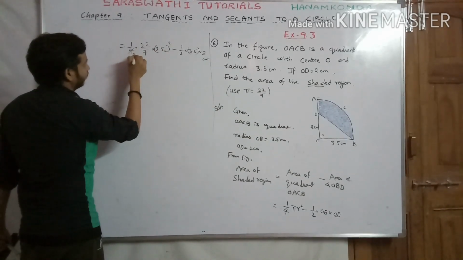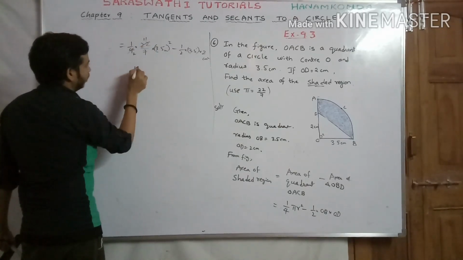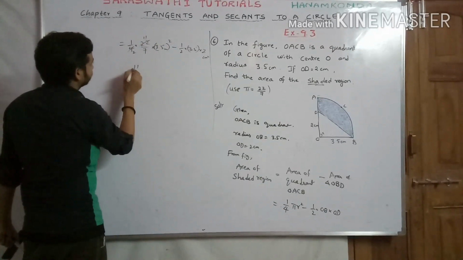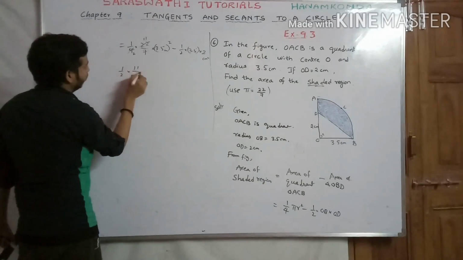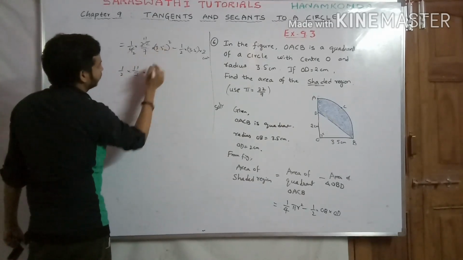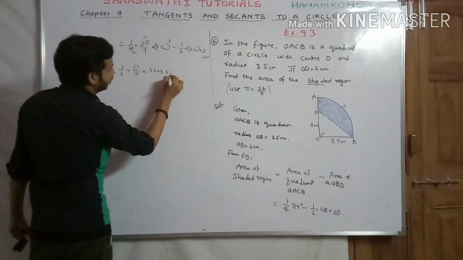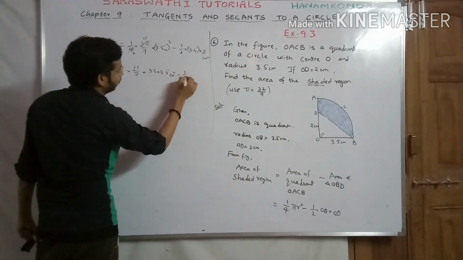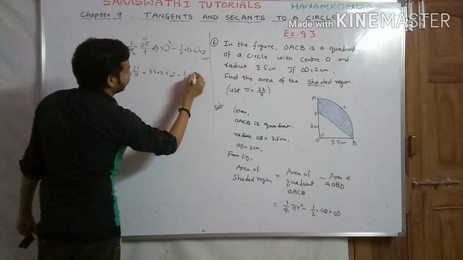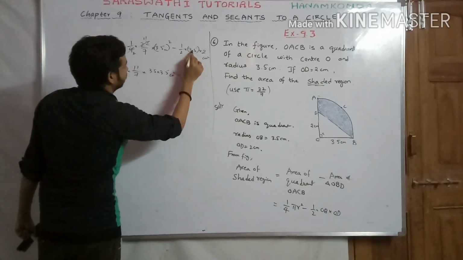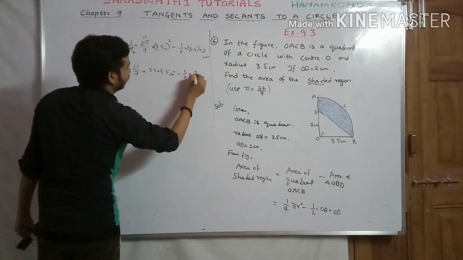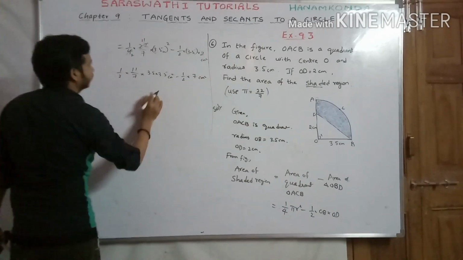So here also 3.5 centimeters whole square. The 2 and 2 can cancel, leaving 11. So 1/2 into 11/7 into 3.5 whole square. That means 3.5 into 3.5 centimeters square, minus 1/2 into 3.5 into 2. So 3.5 into 2 is 7 centimeters square, or we can cancel.